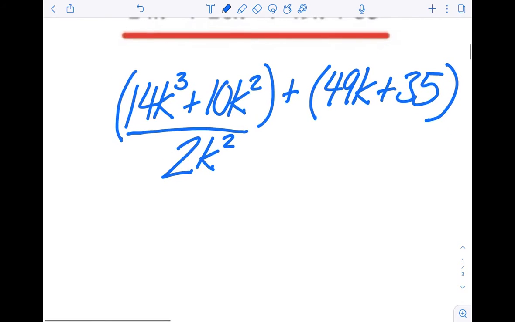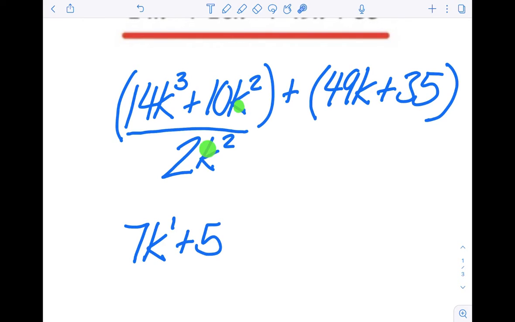So when I divide, 14 divided by 2 is 7. k cubed over k squared, remember, same base, so I subtract 3 minus 2 is 1. So I get k to the power of 1, plus 10 divided by 2 is 5.